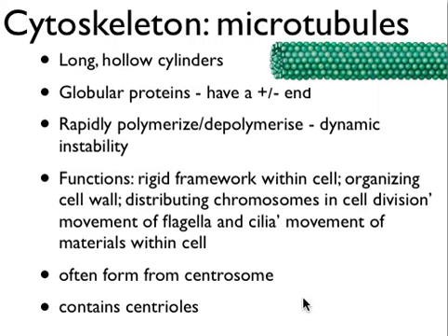Its functions are to provide a rigid framework within the cell, organize the cell wall, distribute chromosomes in cell division, and allow movement of the flagella and cilia and movements of material within the cell. It also often forms from the centrosomes in cell division and contains centrioles.